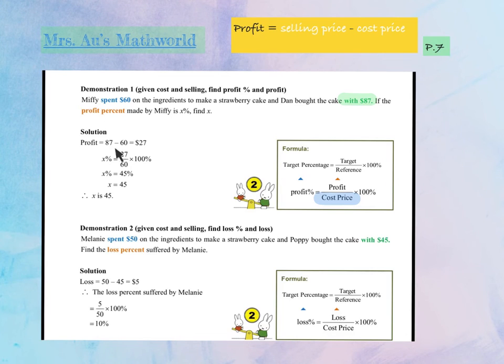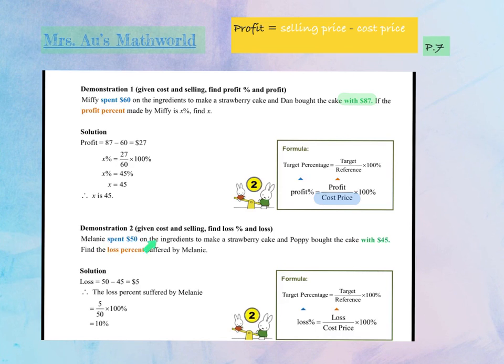That means we find the profit first. Profit is $27 here. And then we use the percentage formula for profit. So 27 divided by the cost price times 100%, then you can calculate the profit percentage and put back the X as the result. Okay, the story is the same for loss, similar to the example before.